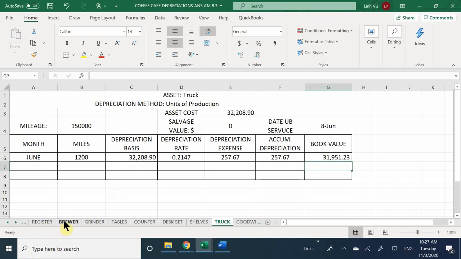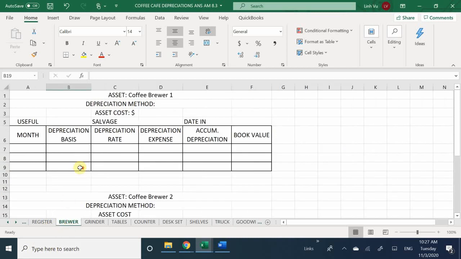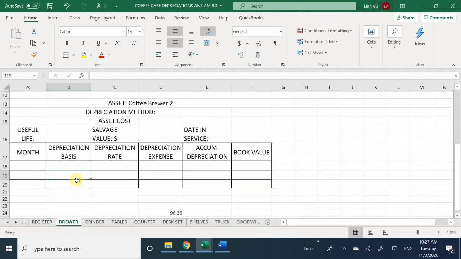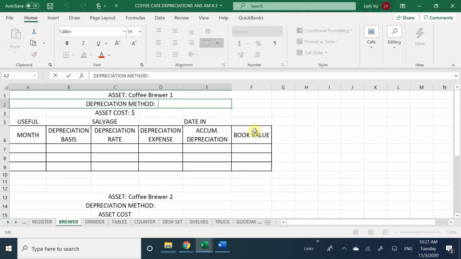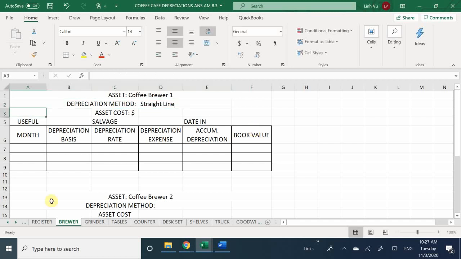Okay, so brewers. I have two tables for them. We'll call one of them coffee brewer number one, which is the one that we got from the sale of the store. So we're using straight line for both.